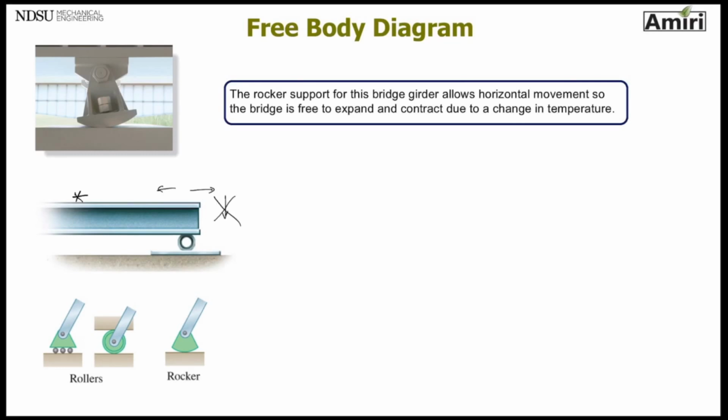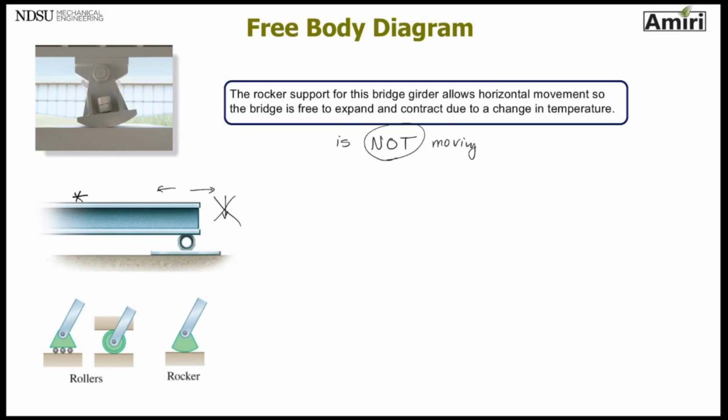So whenever you want to draw a free body diagram and find reactive forces, you have to think about which way the support is not moving. That's what we care about, because wherever the support is preventing movement, that's where it is going to create the reactive forces for us.